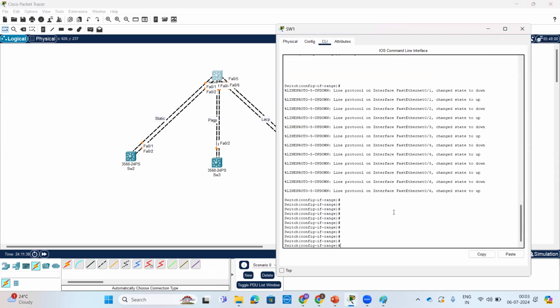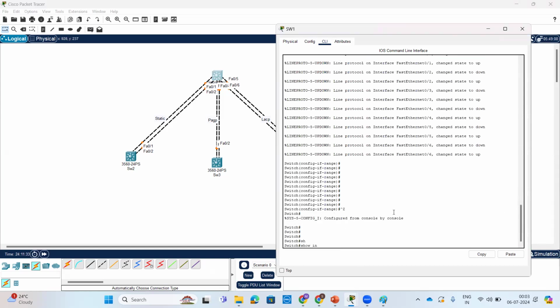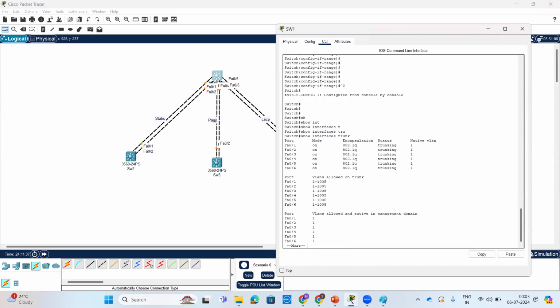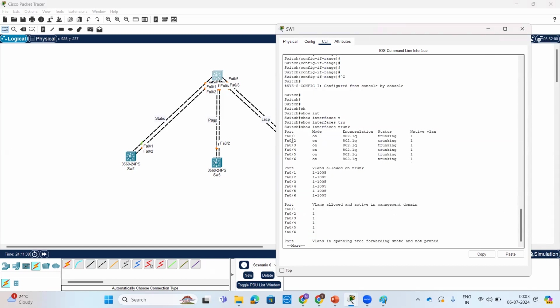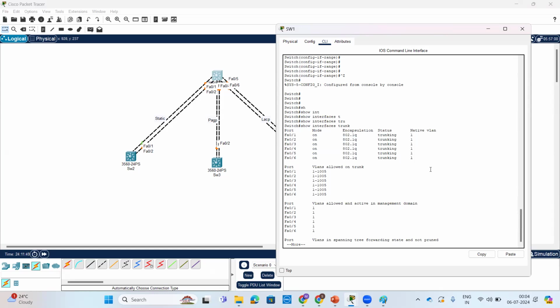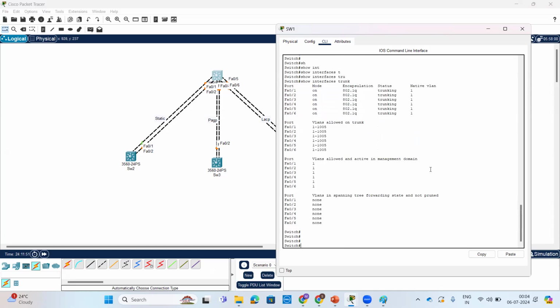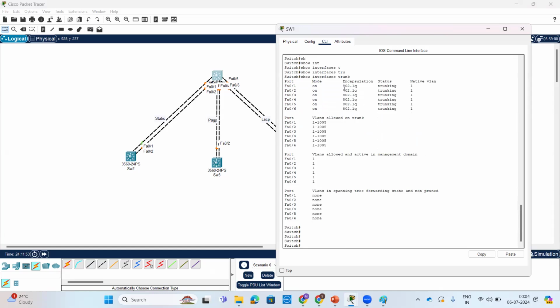Now check it here. Show interface trunk. On all the interfaces, trunk is on. Encapsulation method is .1Q, trunking in between, and native VLAN 1 is the default.